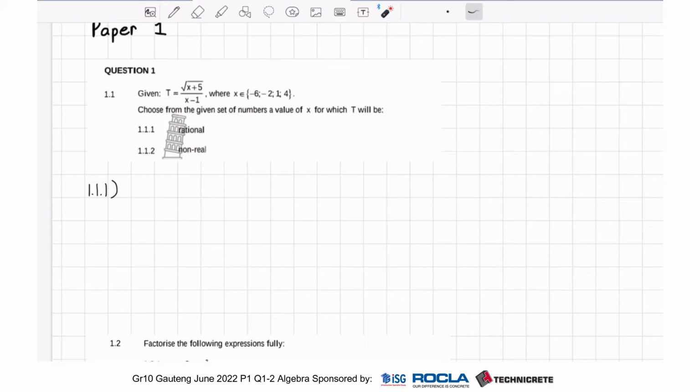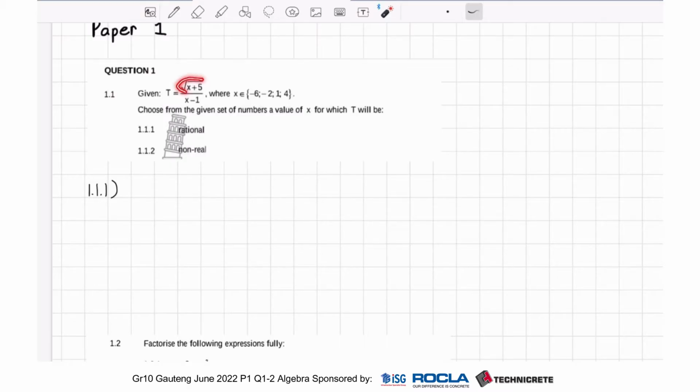So for t to be rational, I know that my rational numbers do not have decimal points that go on forever and ever, and they don't have a definite pattern to them. Like pi is an irrational number, it's 3.14, and so on and so forth, but there's no definite pattern to the numbers. And I know that I will definitely have irrational numbers when I've got the square root of something that isn't a perfect square.